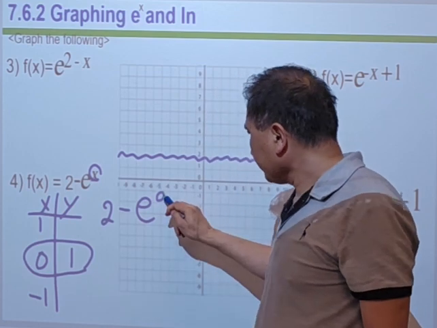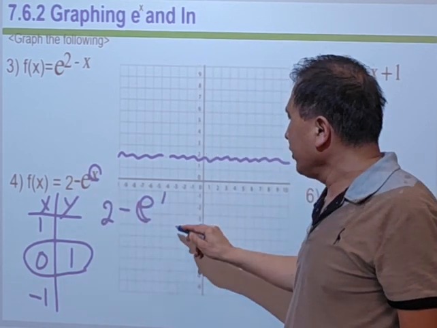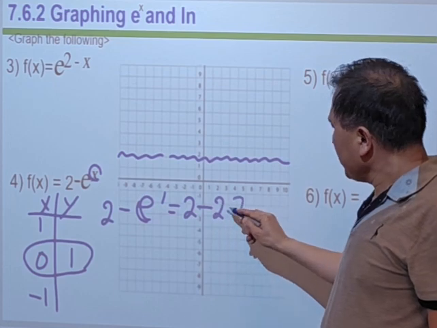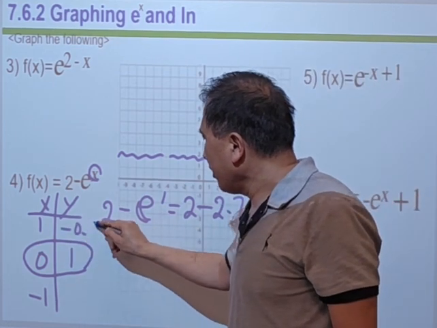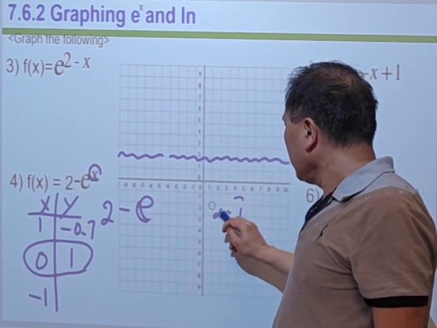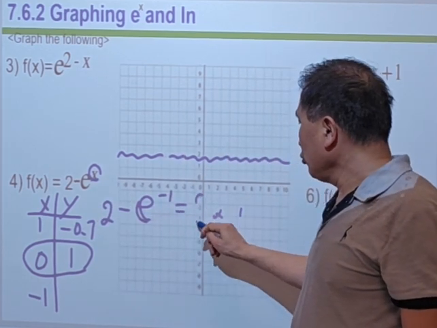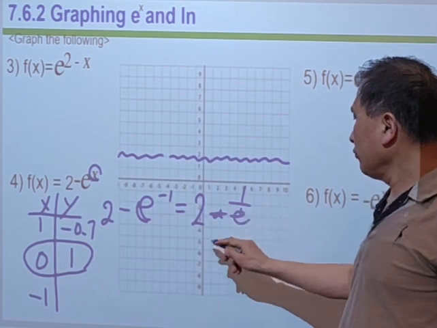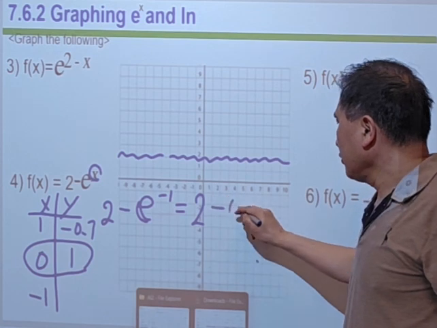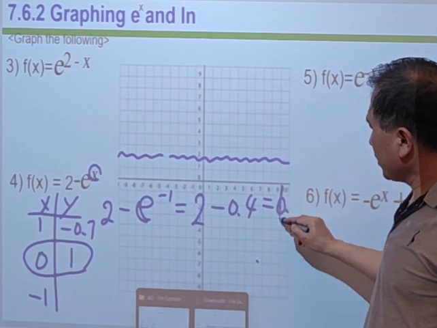And now, when we put 1 there, 2 minus e to the 1 power is about 2 minus 2.7, which means negative about 0.7. And now let's say e to the negative 1 power, we put negative 1 there, then that means 2 minus 1 over e, which is 0.4. So we approximate 0.4, that means 1.6.